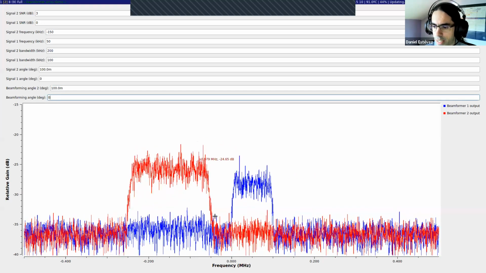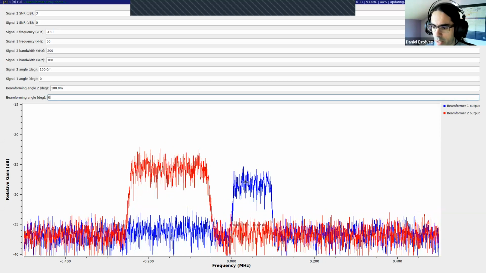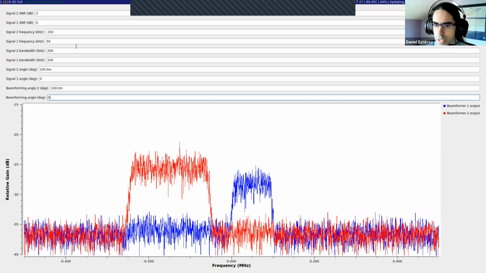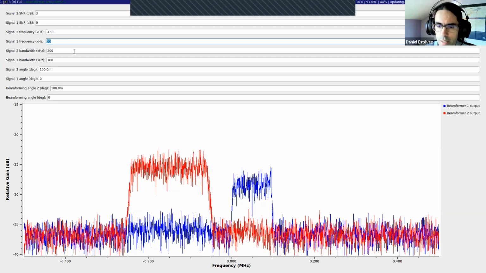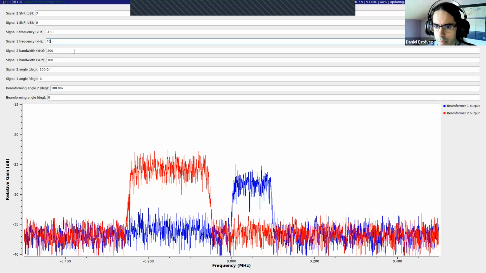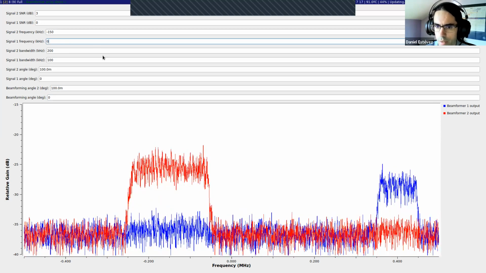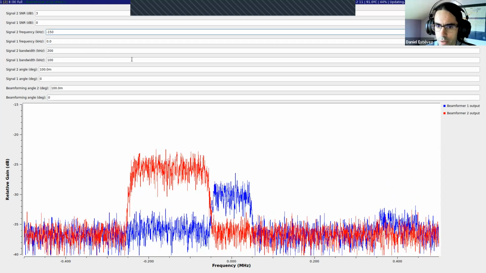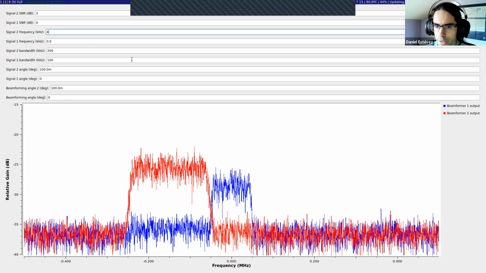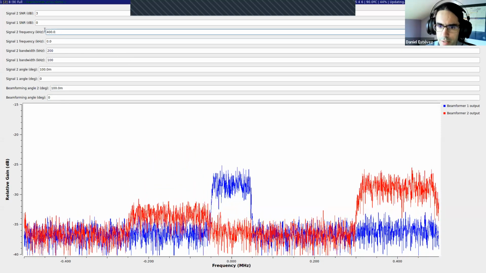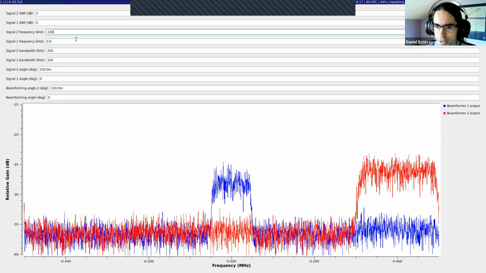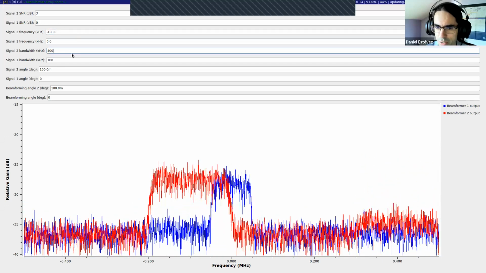So in this example, they are nicely separated because they occupy different frequencies. But we might do something like make them 400. This is not the value I wanted to touch, but rather this one. So 400, this is neither the value I wanted to touch, but rather the bandwidth, so 400.